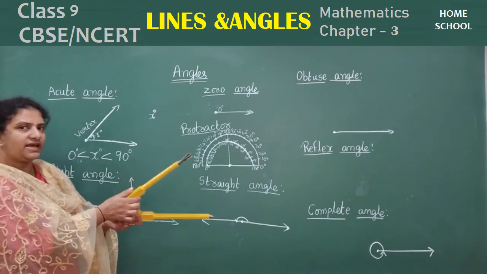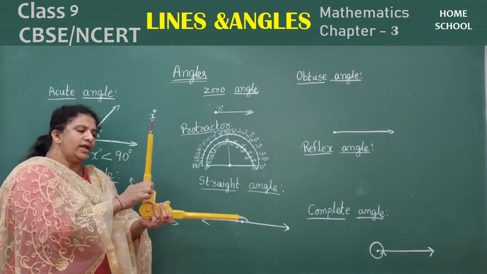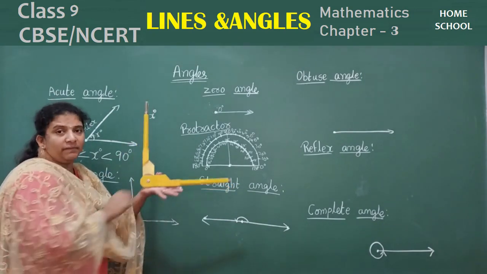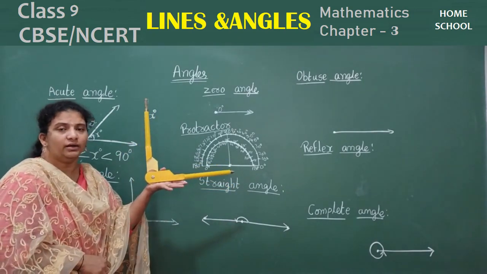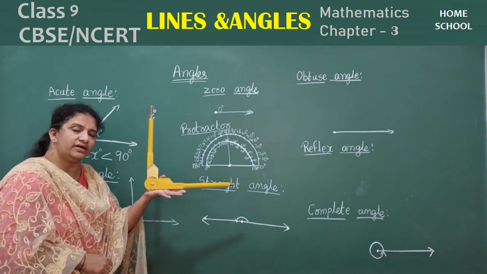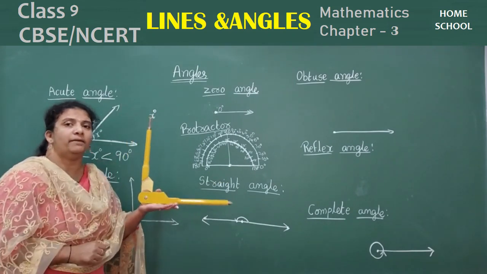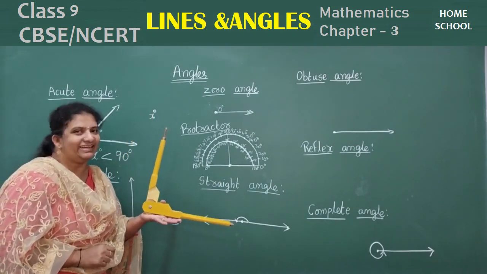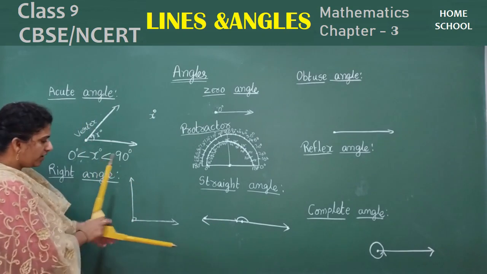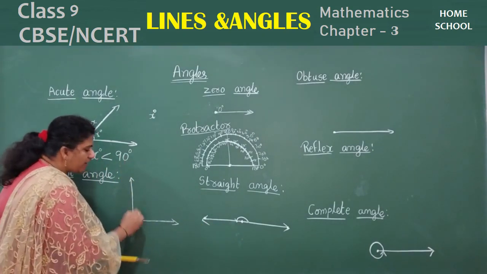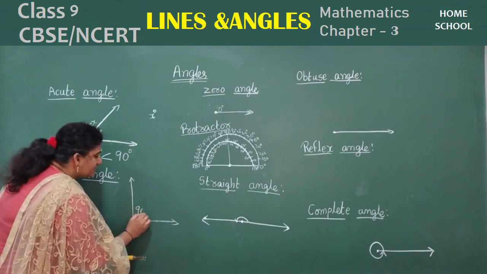See the next angle, children. What did I do here? I made these two arms perpendicular to one another. Perpendicular means 90 degrees, right? Can you see this? This angle is 90 degrees.